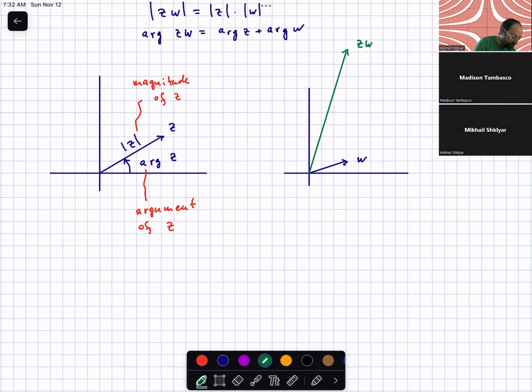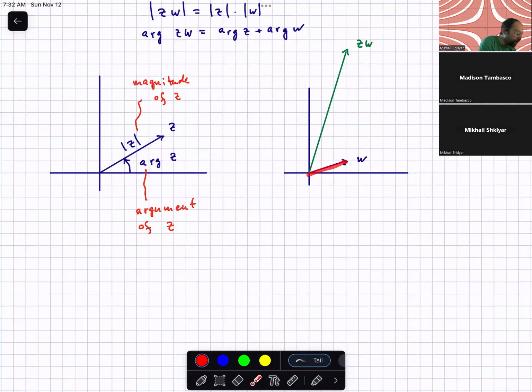So the magnitudes are going to multiply. This is the magnitude of w, this is the magnitude of z. The magnitude of their product is going to be the length of w times the length of z. But the angle is going to be the sum. So this angle over here is the argument of z.